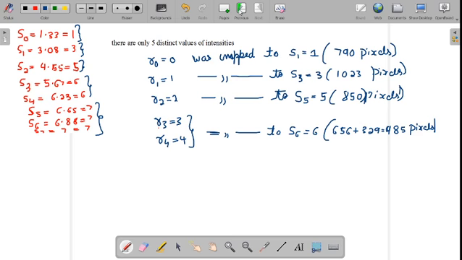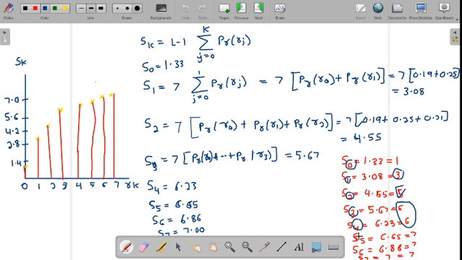Now if we consider R5, R6, R7, all of them are mapped to which value? It is mapped to 7.